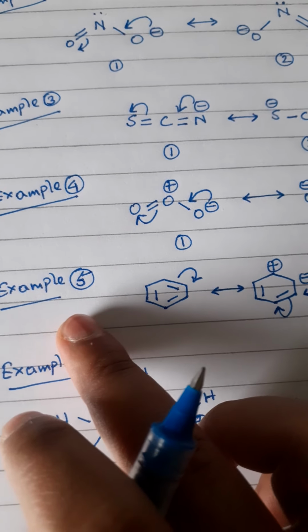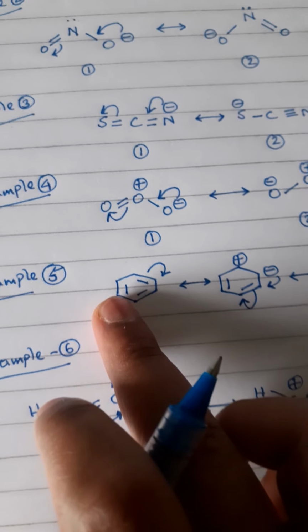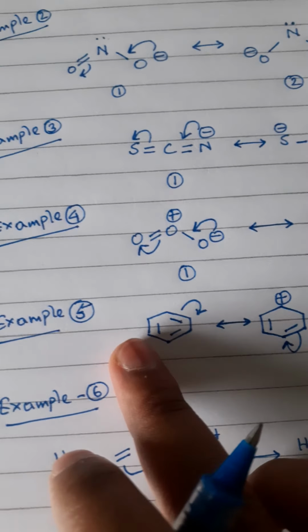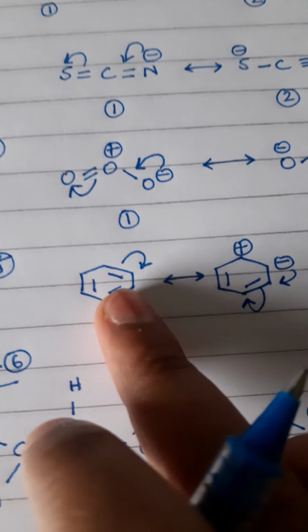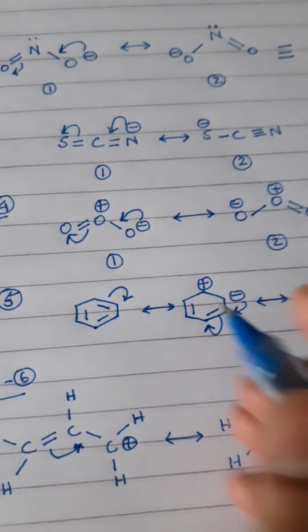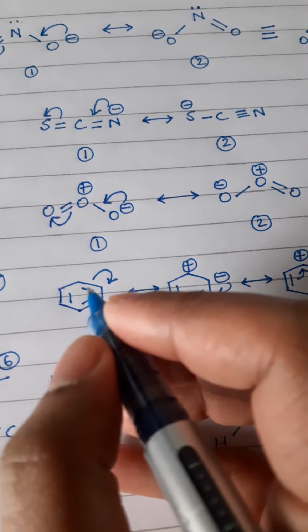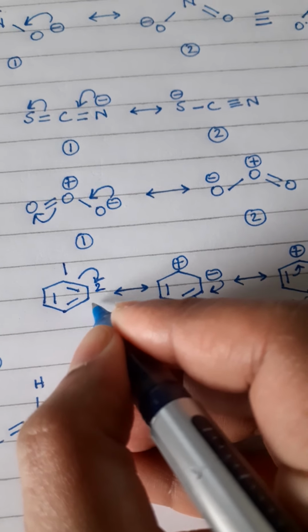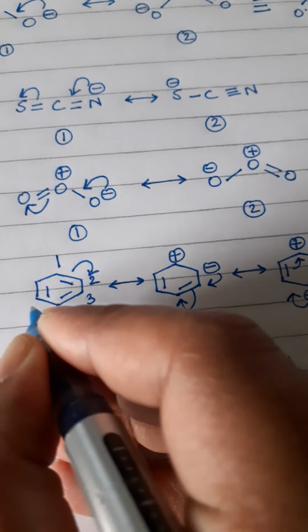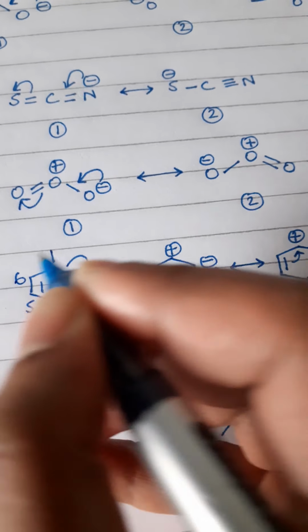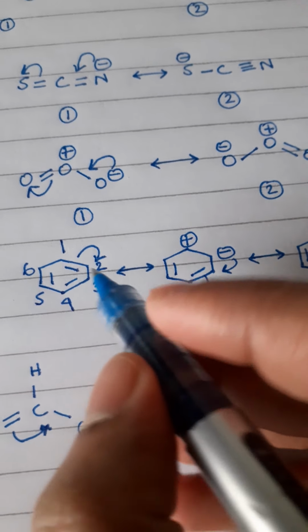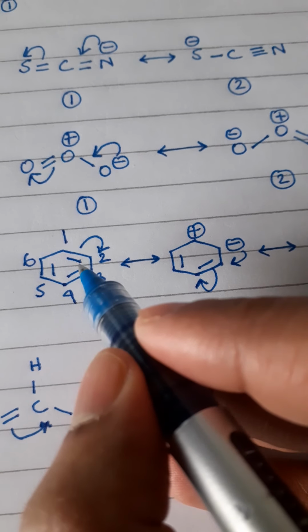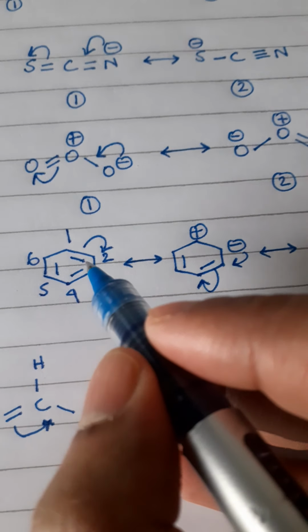Another example is benzene, which is also written in your book. You can find it's very easy. Here is the pi electron delocalization. What happened for this kind of complicated structure? You can write 1 2 3, 1 2 3 4 5 6. So this is the 6-membered ring, and you can find how the pi electrons change after delocalization.